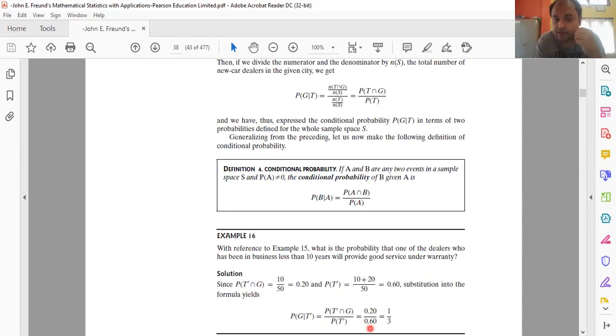Substituting these two probabilities, the probability of providing good service under warranty, given that he is in business for less than 10 years, is given by the definition: probability of T complement intersection G by probability of T complement. You have calculated both of these from the chart, and from there you have got the probability as 1/3. Okay, so that is how we calculate the conditional probability.